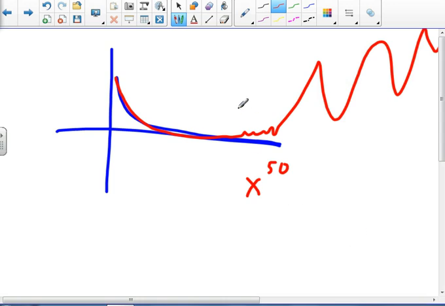So my series approximation might be perfectly okay out to 10, but if I go to 12, I'm going to diverge, and I won't have a series approximation. So that could happen to me.